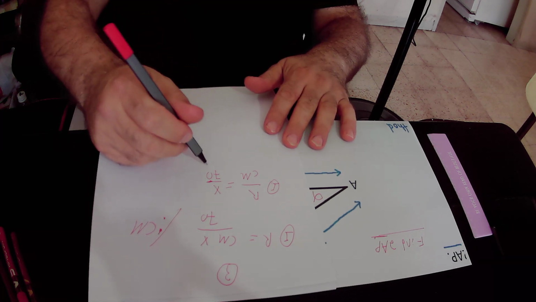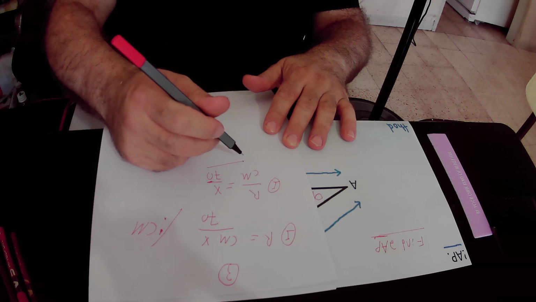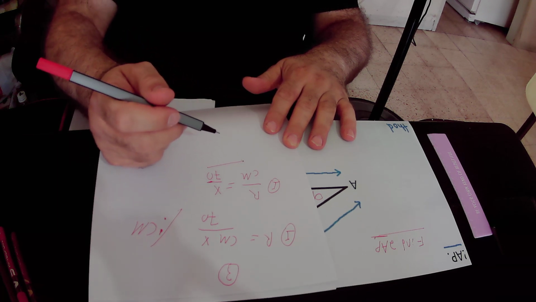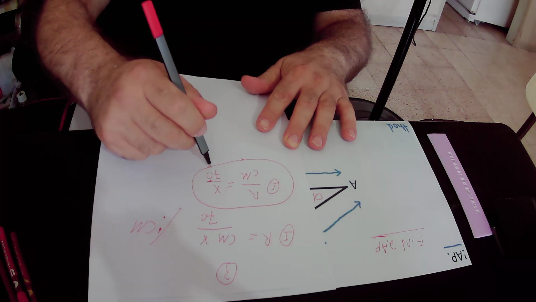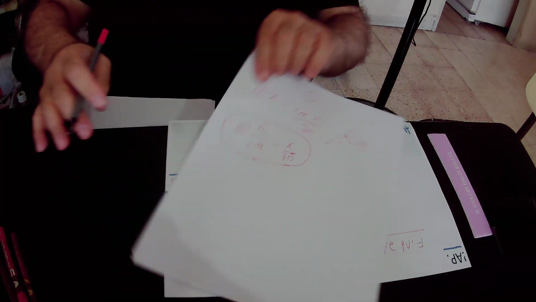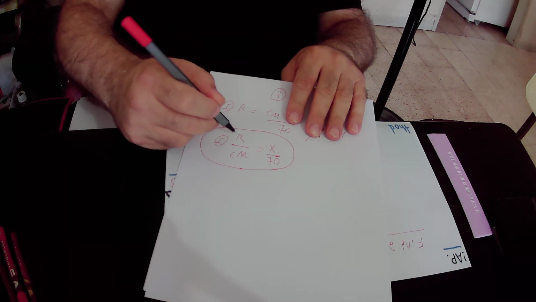So actually we have the first equation, that R over CM equals X over 70.